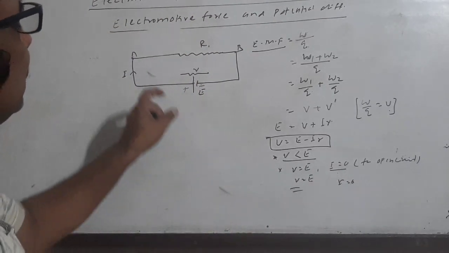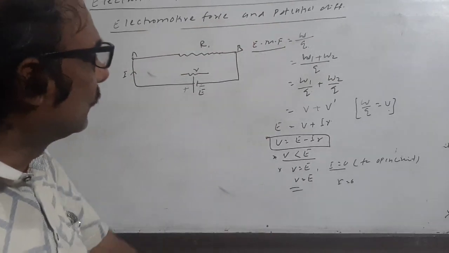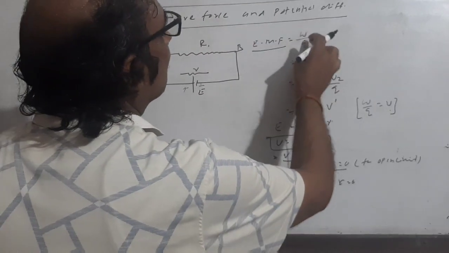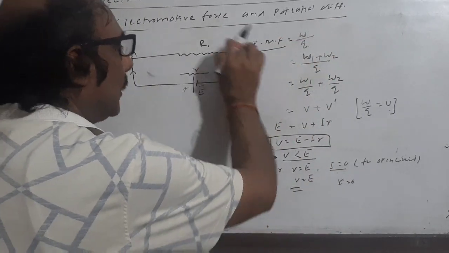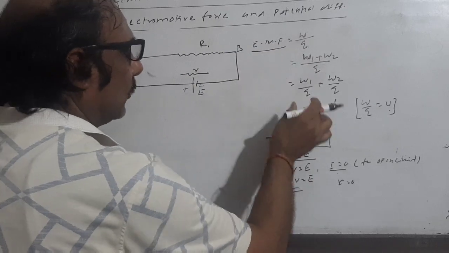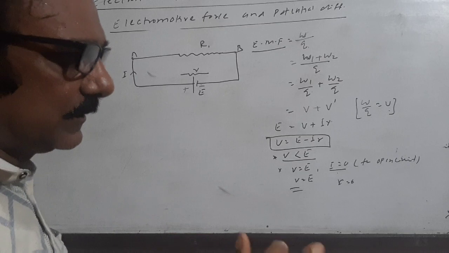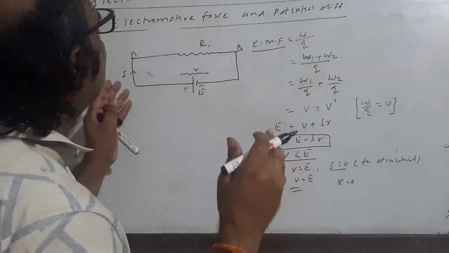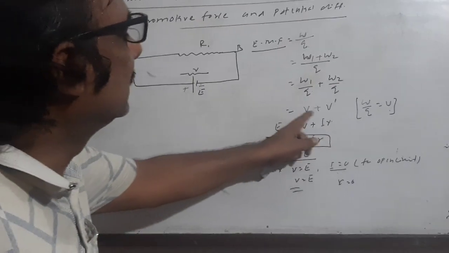But mainly, if you have to define the electromotive force or potential difference in terms of work, the work done by charge throughout the entire circuit is the EMF, and the work done by charge for only a specific region, a specific length, a specific value of the resistor or across the resistor, is simply the potential difference.